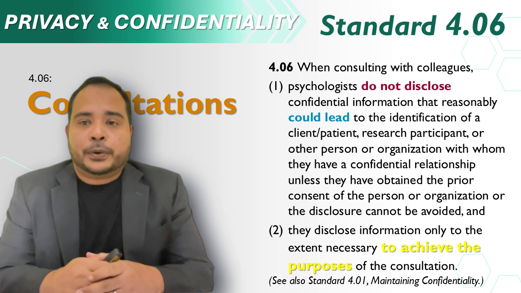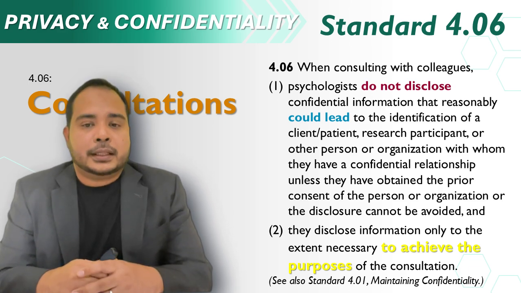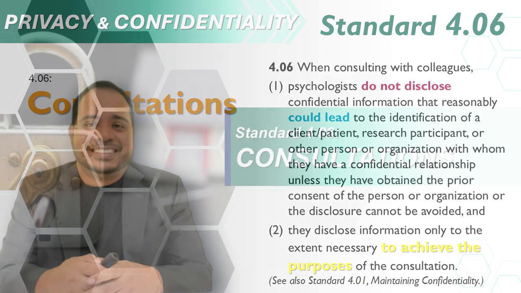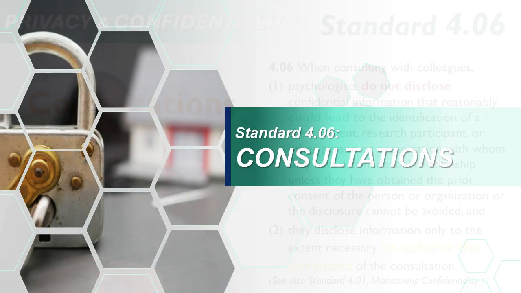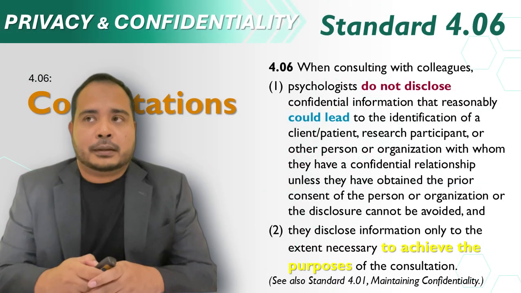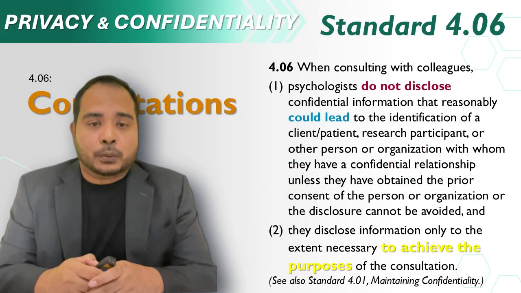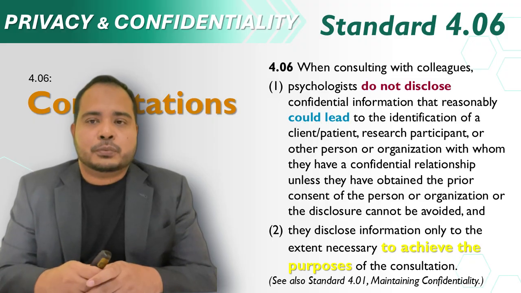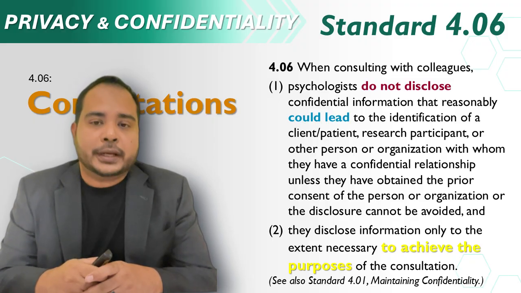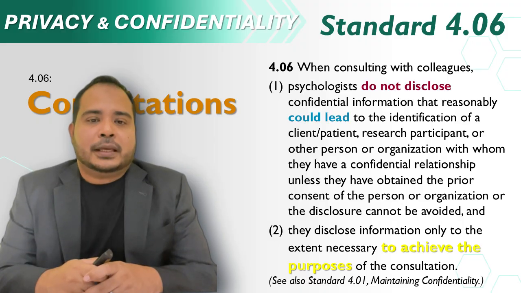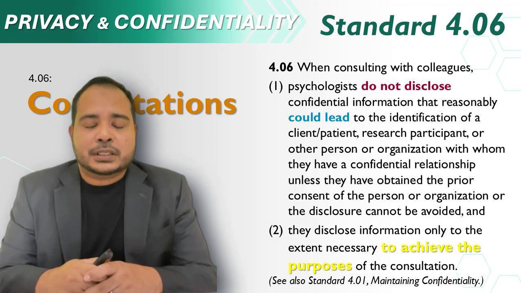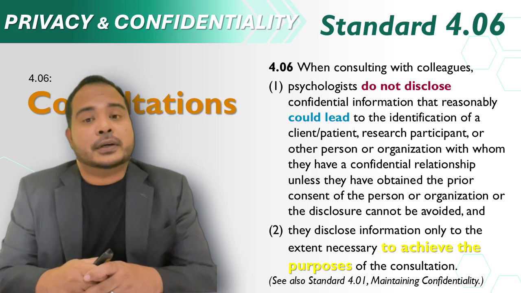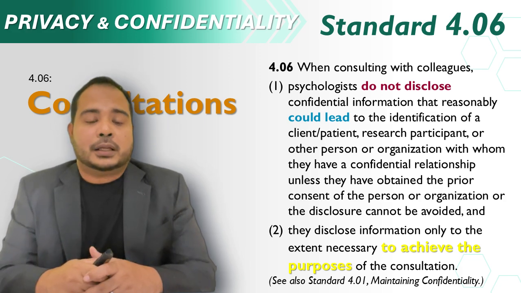This standard 4.06 should also be read together with standard 4.01, which is maintaining confidentiality. So basically, these standards require us to do three main things to adhere to this standard. One, whenever we are involved in consultations, we must avoid sharing identifying information, information which, if people know about it, they can deduce or infer who the person or organization is.